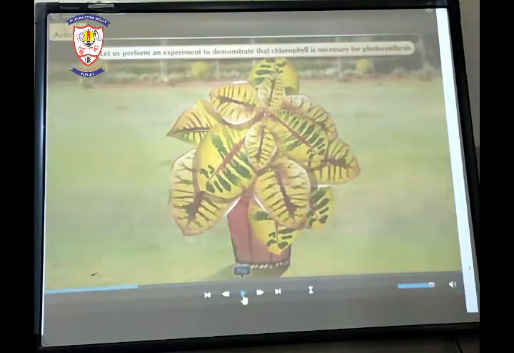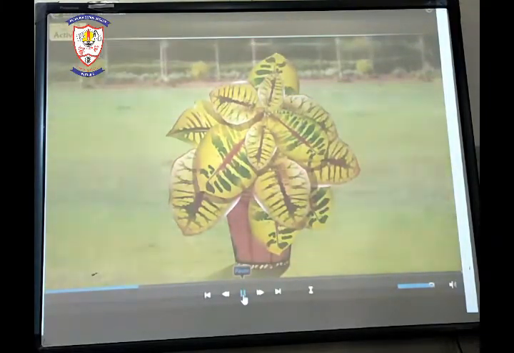As chlorophyll is important, in the same way carbon dioxide and sunlight are also important for the process of photosynthesis. First, we will understand by this activity how chlorophyll is necessary for photosynthesis.